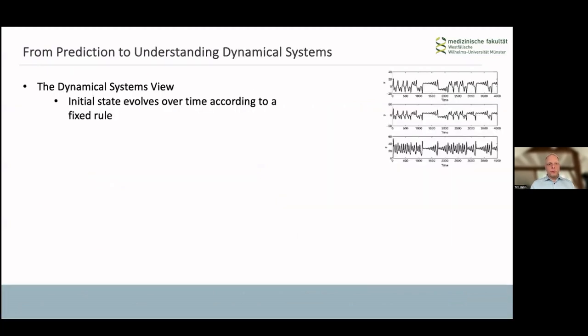And one way to look at this is to take a view of dynamical systems. And what's a dynamical system? It's basically an initial state. In physics, you would argue it's an initial state that evolves over time according to a fixed rule. And that fixed rule, in almost all cases, is a differential equation.